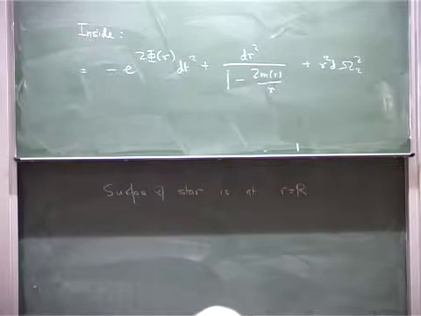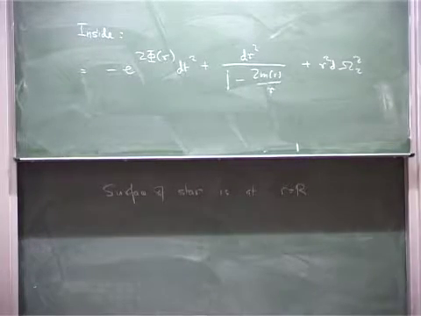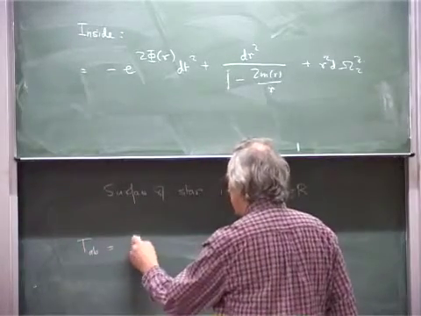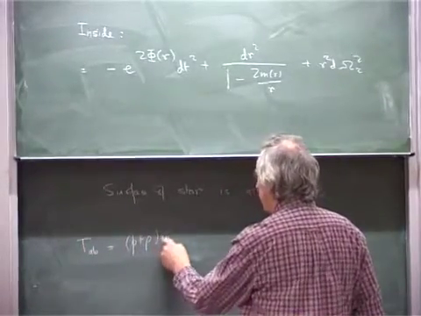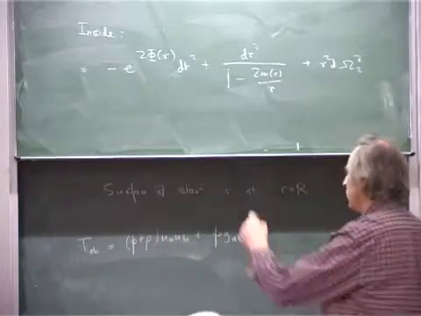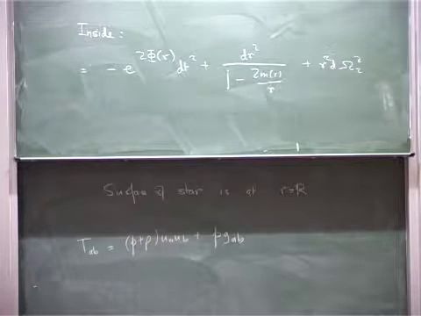So that's our starting point, and the energy momentum tensor for this object we said was going to be T^AB, which is (P plus rho) U^A U^B plus P times g^AB, the usual way of parameterizing material with pressure P and energy density rho.